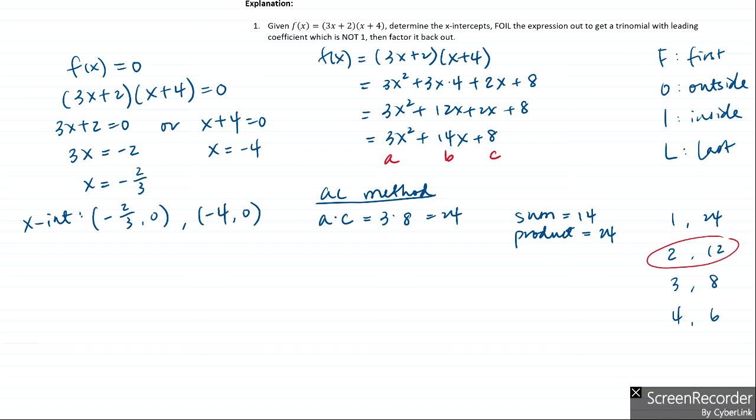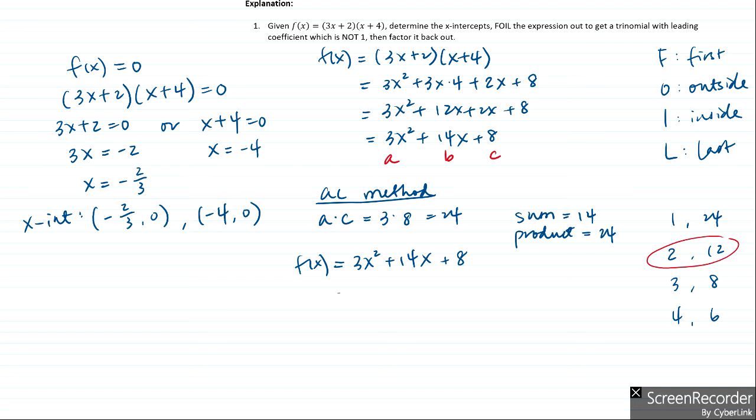Once we find these numbers, we're going to go back to the original FOILed expression. And f of x is equal to 3x squared plus 14x plus 8. So what we're going to do with these two numbers is we're not going to write things out directly in factored form like we did with leading coefficient equal to 1.